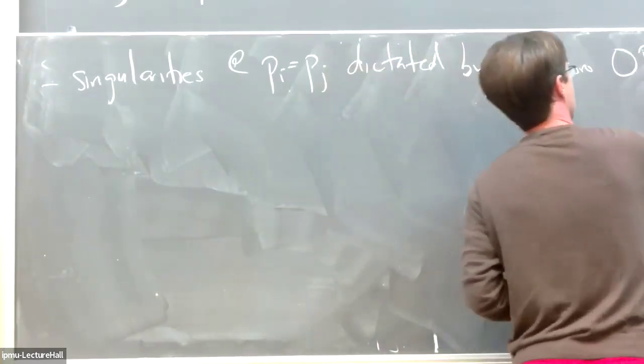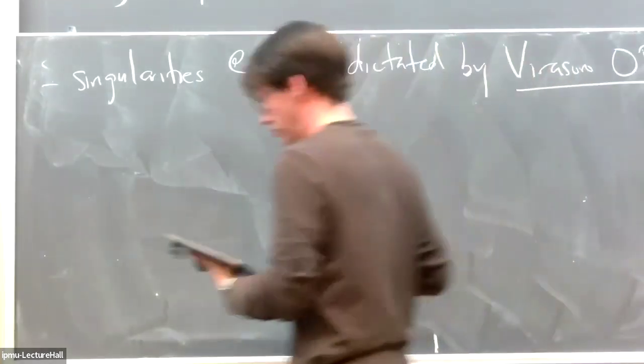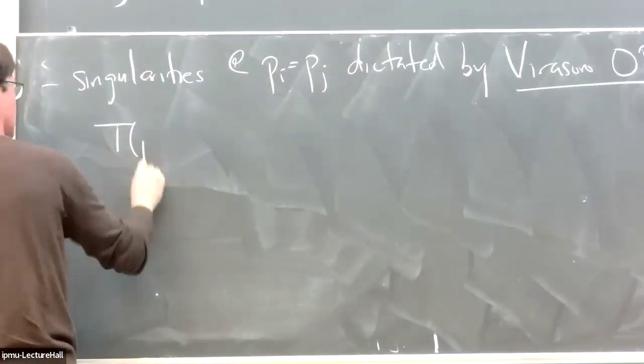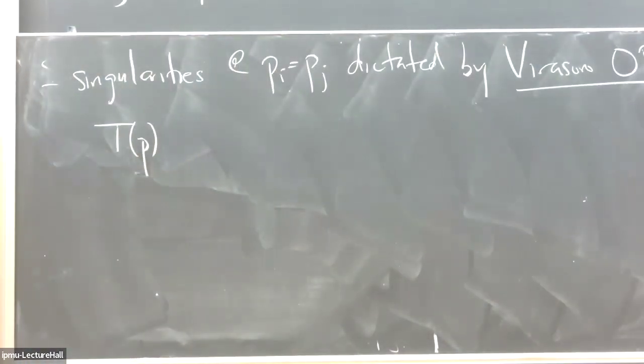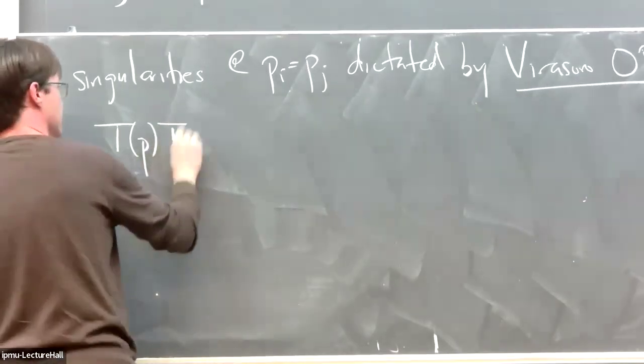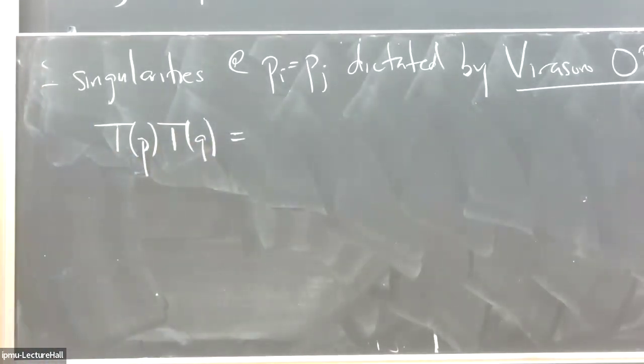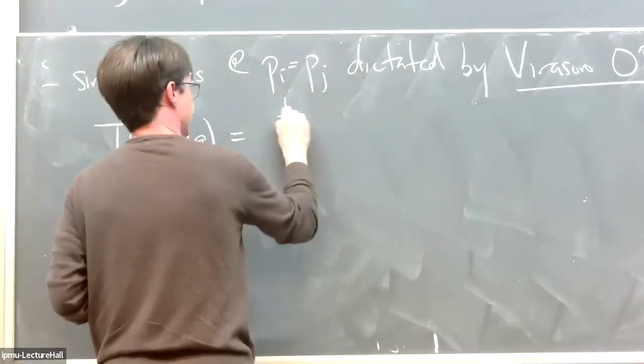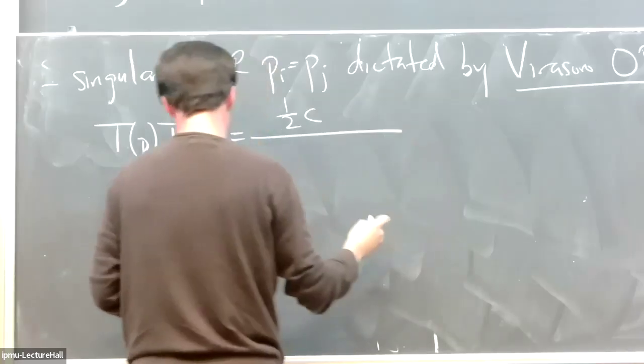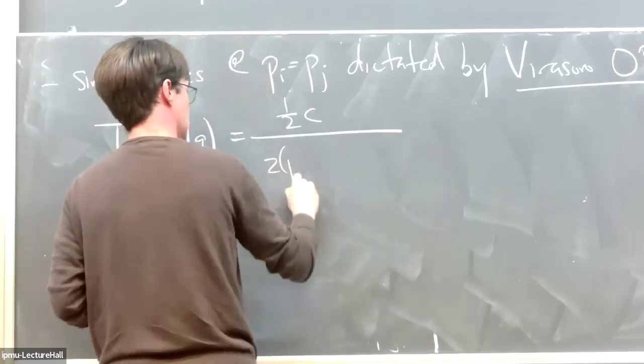I'll write it first in a slightly schematic form, and then I'll explain what it means. The idea is when I have two of these T's and I bring them close together, I'm allowed to replace them by the following: a fourth order pole.